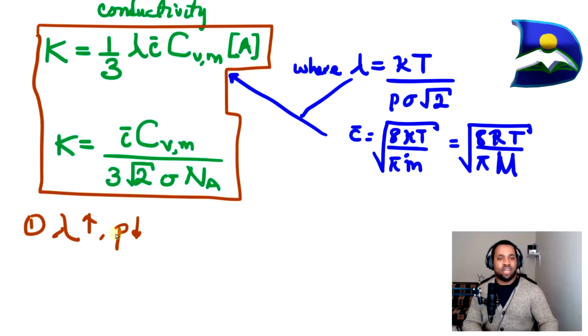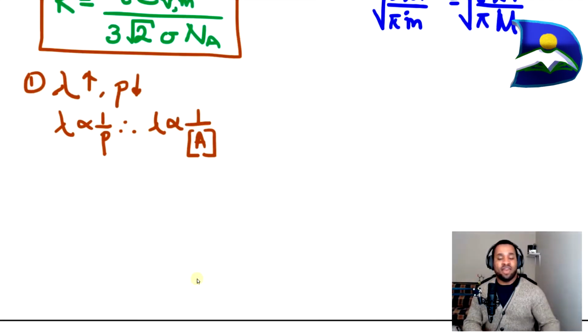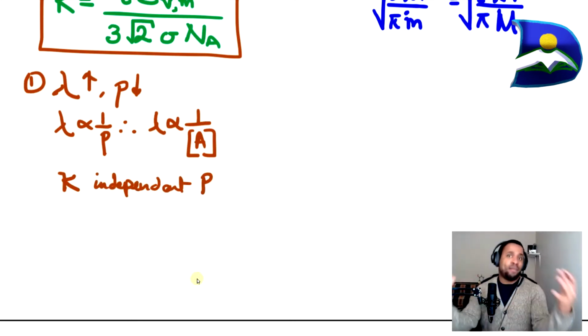This inverse relationship between the mean free path and pressure also shows that it is inversely proportional to the concentration of our particles. Therefore, this leads us to the conclusion that our K, the thermal conductivity coefficient, is independent of pressure at very high pressures.